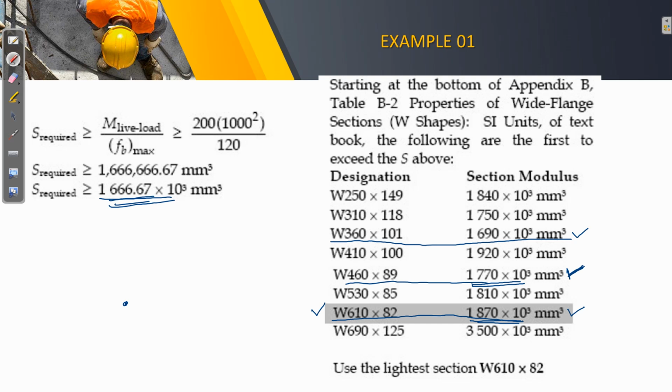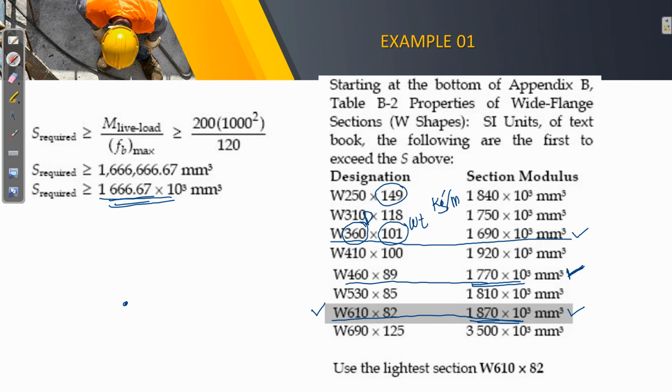Okay, why? Remember that this table denotes the depth, okay, and this denotes the weight, and this weight is actually kilograms per meter. So meaning, if the second notation here is a larger value, it is an indication that your member is much heavier than the other.